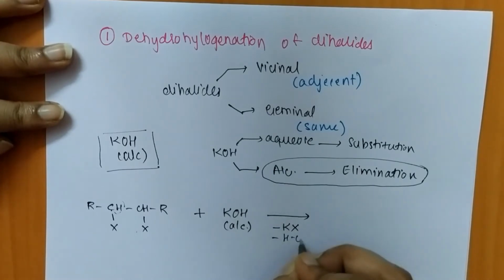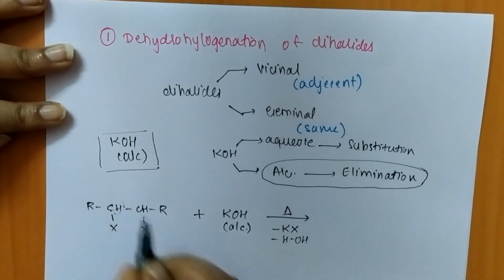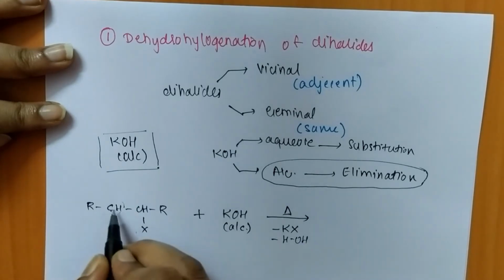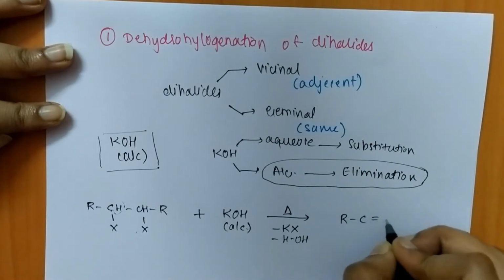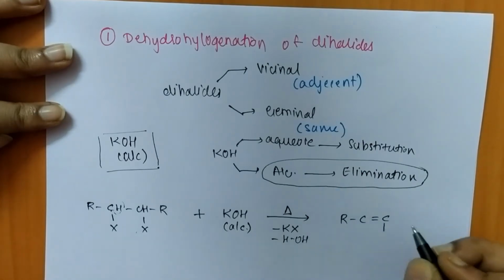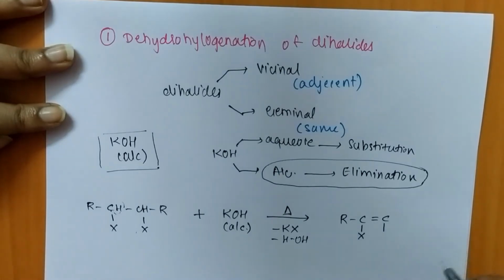This reaction takes place in the presence of heat, and we get a double bond here, since the halogen atom and the H atom are lost. So we get a C double bond C, with X on one carbon, and H and R on the other.